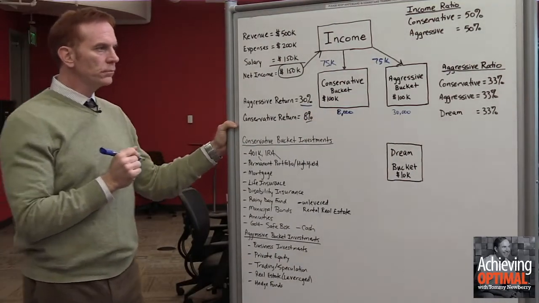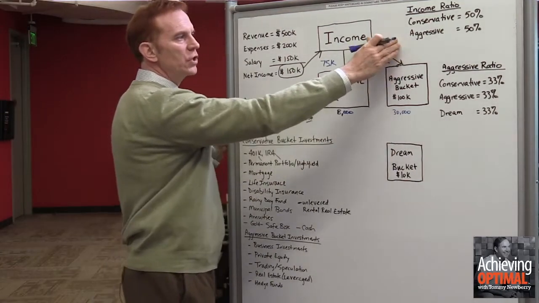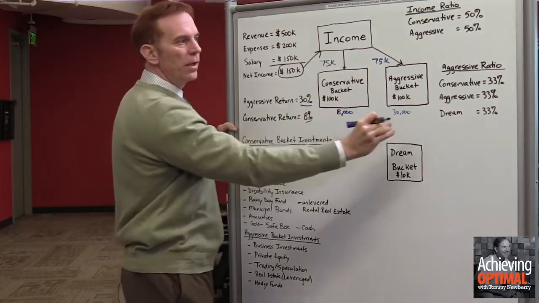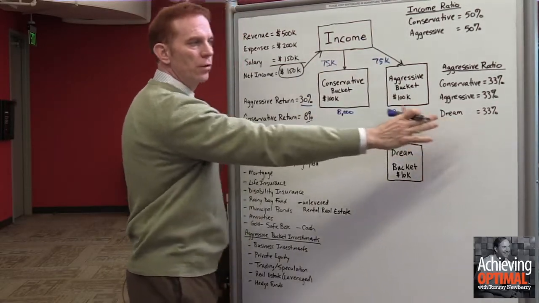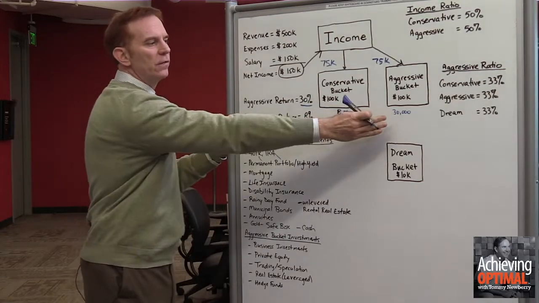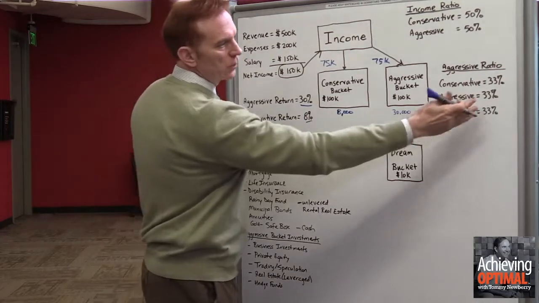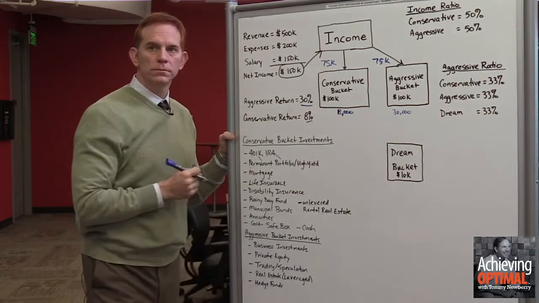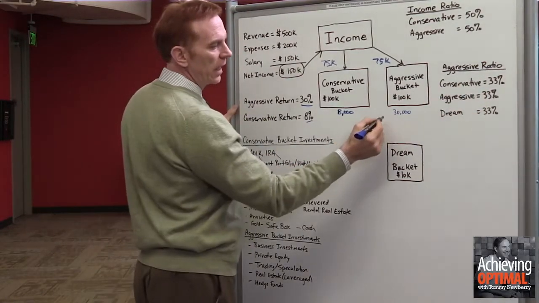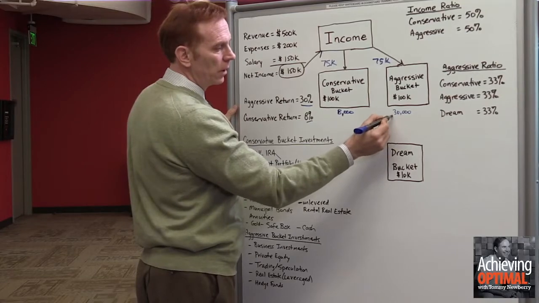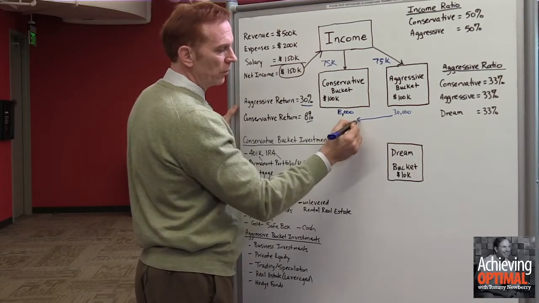Now, we have our ratio of how we divide income, and then we have our aggressive ratio. This is the ratio of how we divide our returns from the aggressive bucket. So in this case, we used a third, a third, a third. So that means that we are going to take $10,000 from the return from the aggressive bucket and move it here.